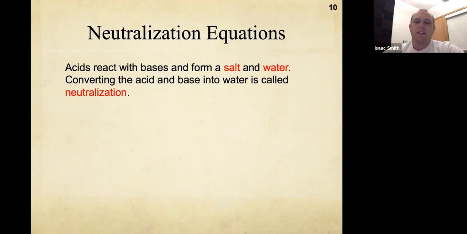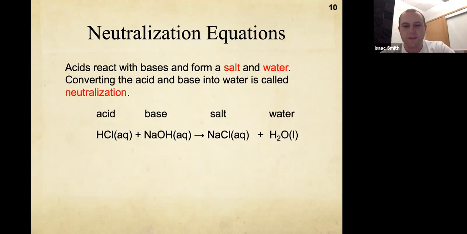Okay, so the last reaction we're going to talk about is the neutralization reaction. That's where an acid reacts with a base and it forms a salt and water. It forms salt water. So here's your acid, your base.